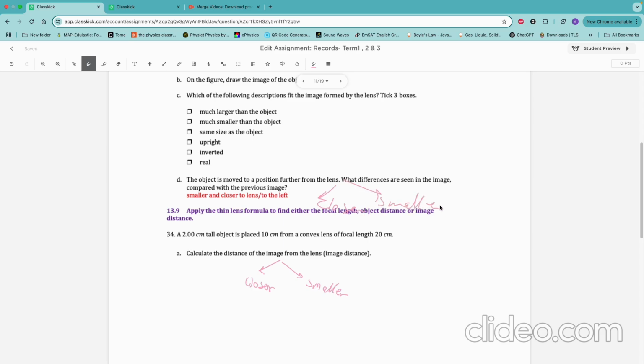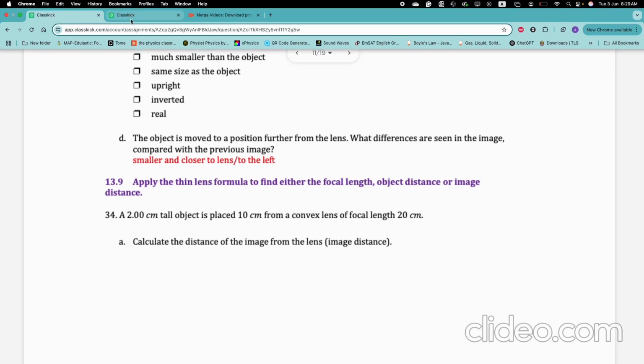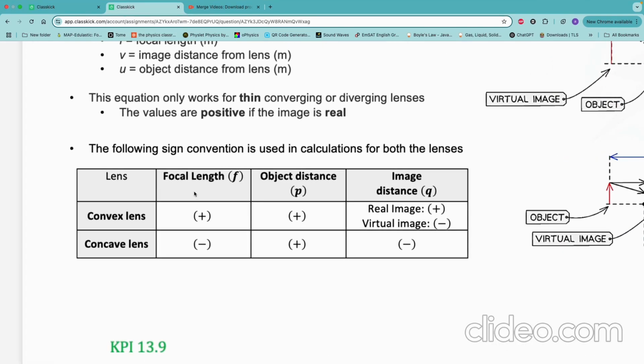Okay. Now, going to the last question here that talks about calculation and formula used. Before we get started here, I need to remind you, in case of lenses, based on the type of lens, we are going to identify whether these lengths will be positive or negative.